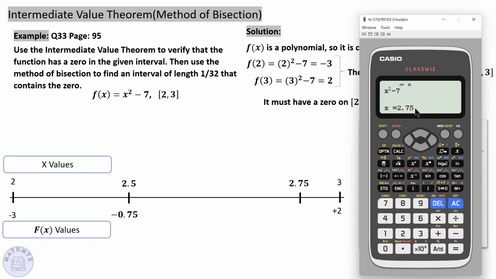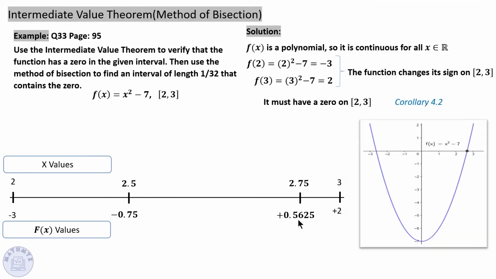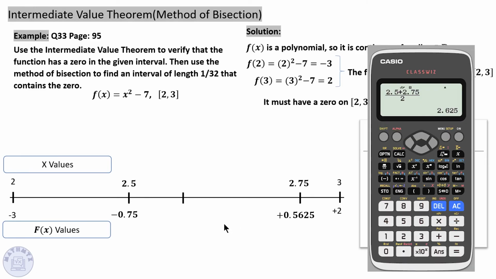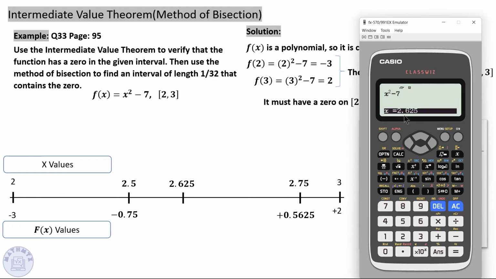To evaluate the function at this point, we use our calculator, and this equals a positive value. Since f of this point is positive, I will be looking at the zero in the interval in between the two different signs. So the midpoint in between these two numbers, using your calculator, will be 2.625, and this equals a negative value.